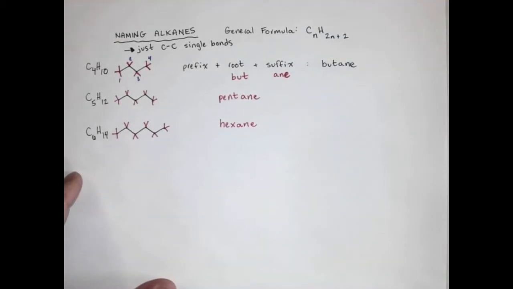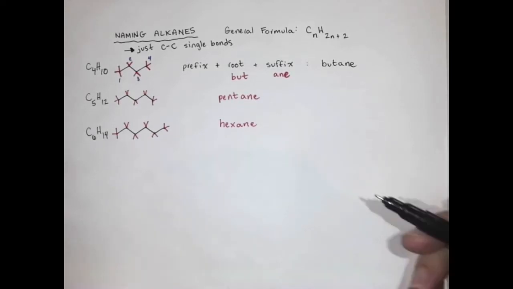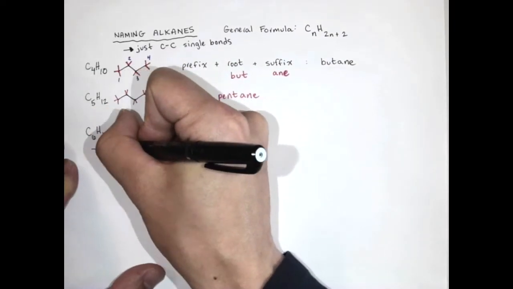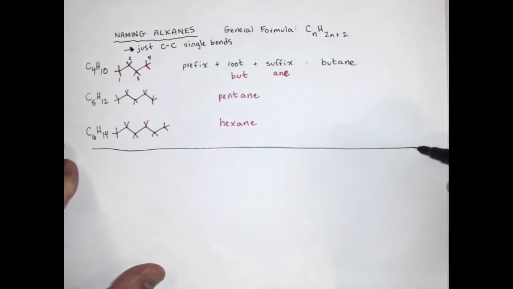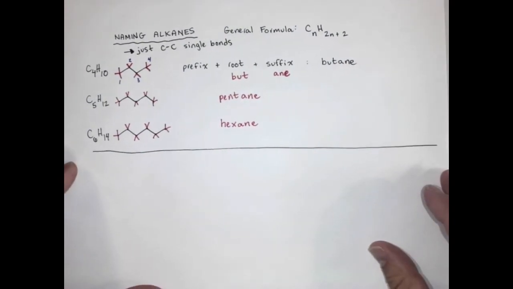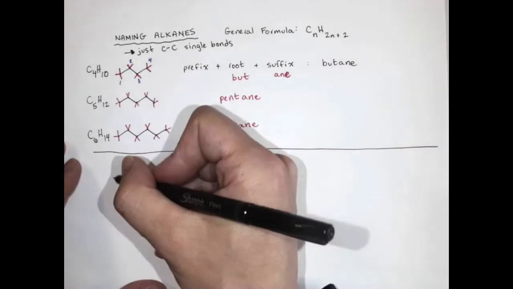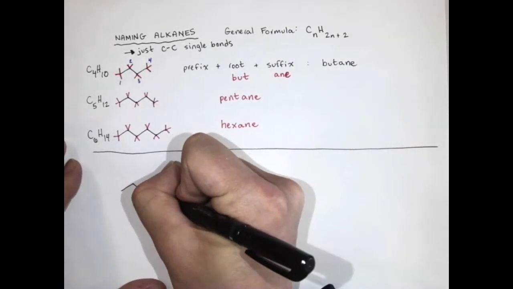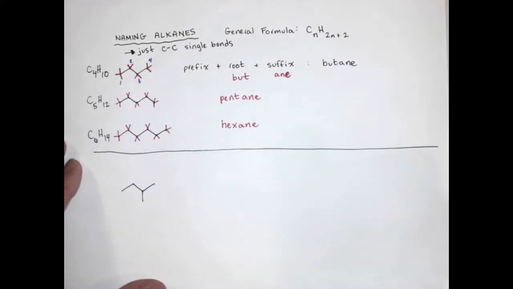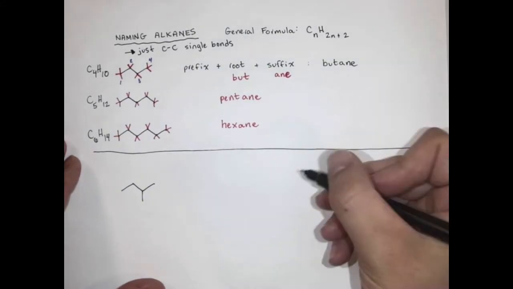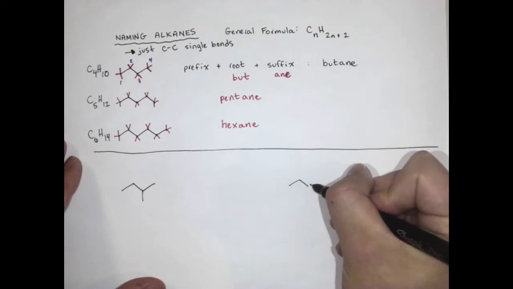All right, let's do a couple examples with branched alkanes. So these are going to be alkanes that have some branches coming off of them, some carbon-carbon branches. So we're going to do one there, and then let's do one over here.